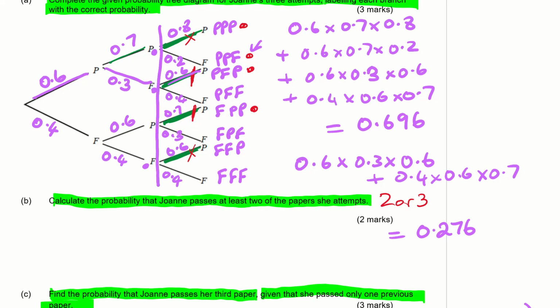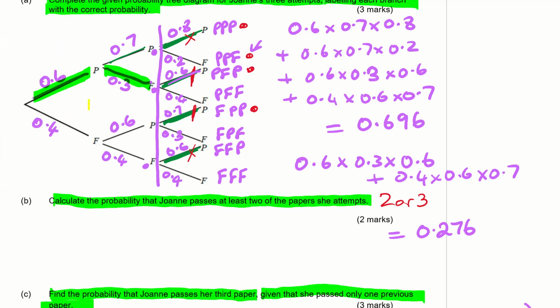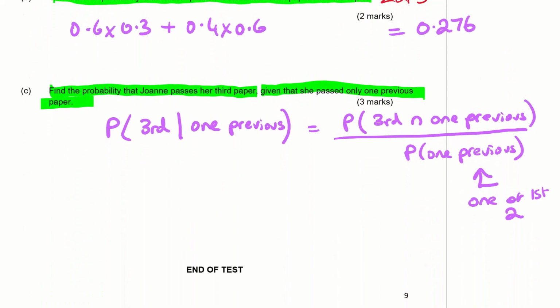Now, as far as just passing one of the first two, we only need to look at the first part of the diagram. And so, passing 1 out of 2 is there or there, or it's there and there. So that is going to be 0.6 times 0.3 and 0.4 times 0.6. So that's our denominator.